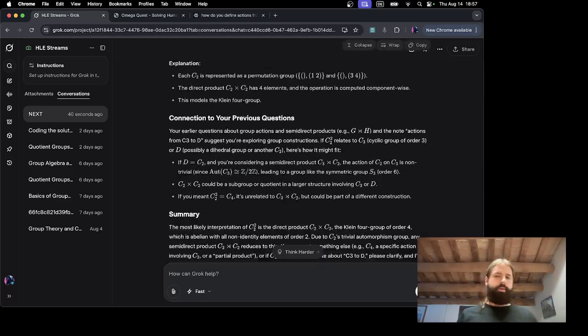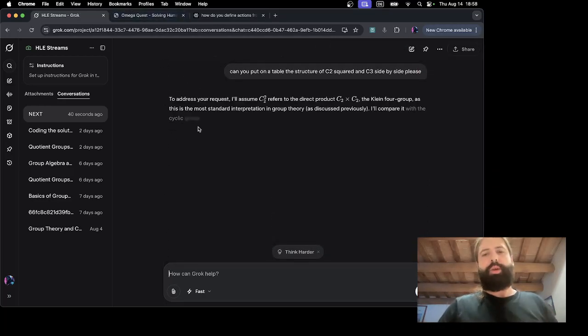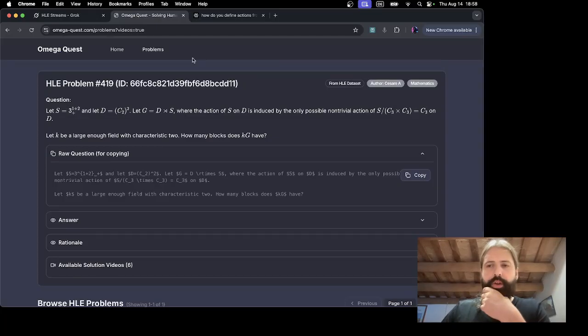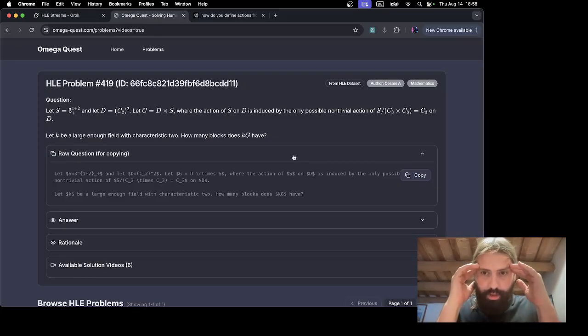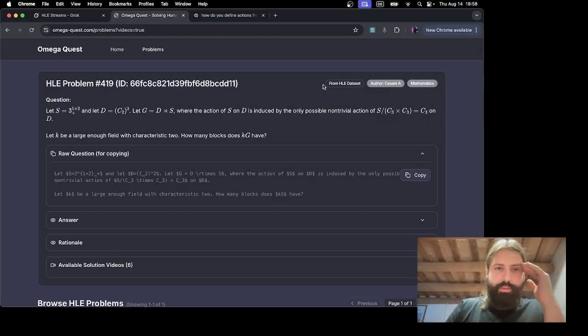What we need to understand is we've got these, so we need D times S. D is C2 squared, and S is this.